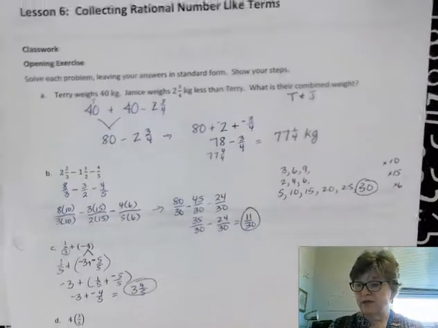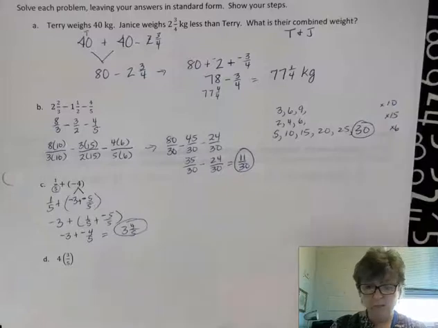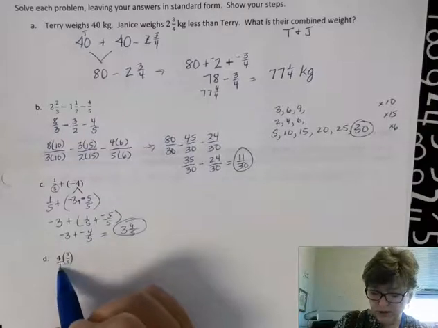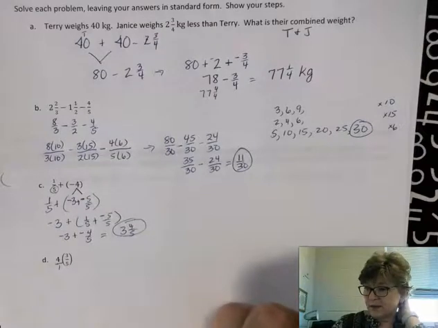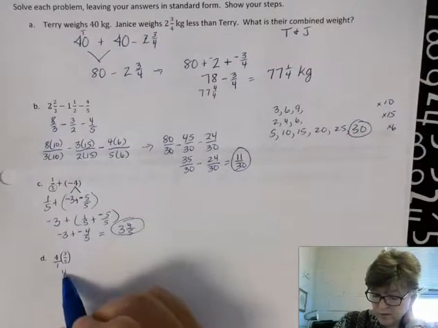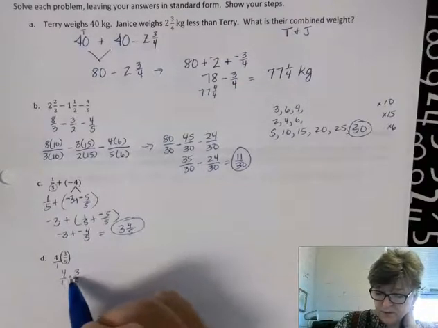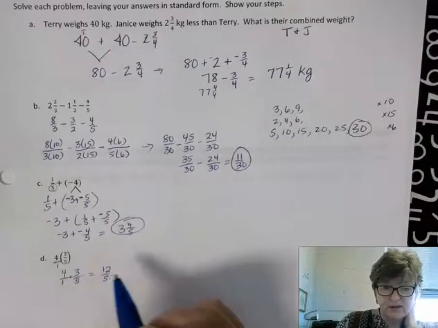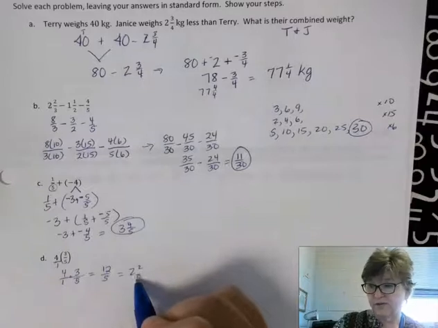Now 4 times 3/5, multiplication is that in order to multiply, you may feel that you need to change this integer to a fraction, which divided by 1 or over 1 is the same as 4. So 4 over 1 times 3/5, multiplying straight across, is 12/5, which is equal to 2 2/5.